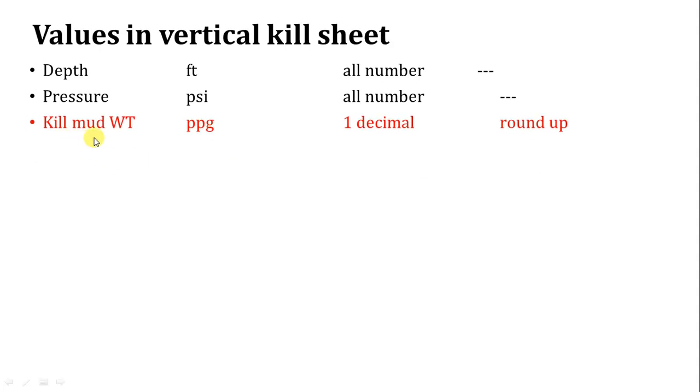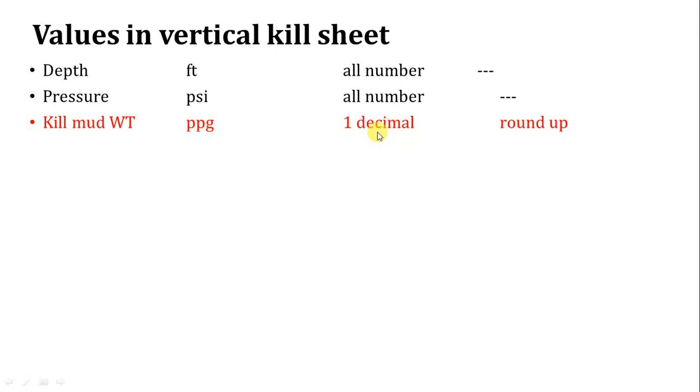The kill mud weight. You have to take care while calculating the kill mud weight in PPG to be one decimal. For example, to kill the well, you need 13.85.